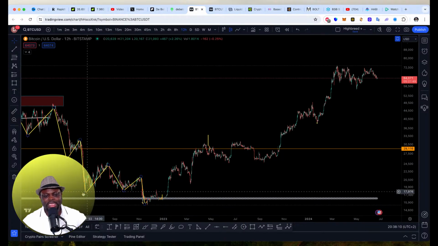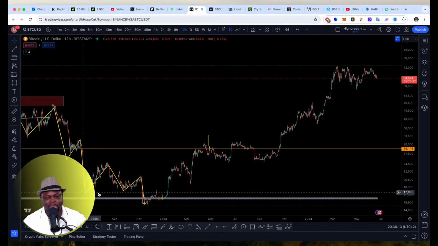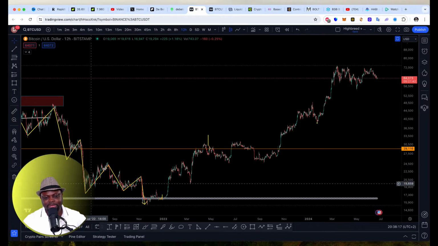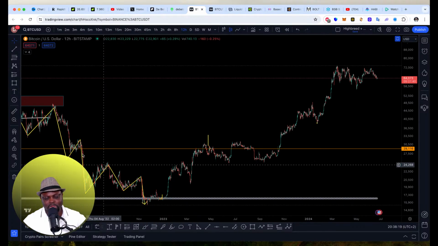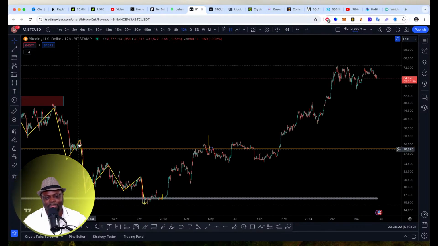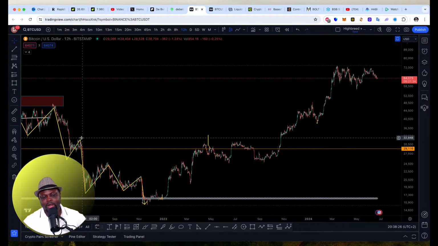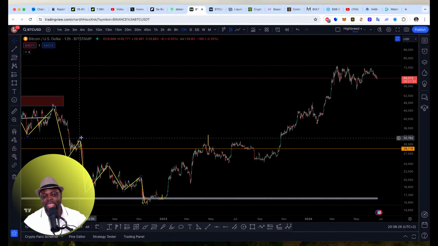So price switched trend. What happened? Price broke the previous low, the previous highs. You see, when price was going down, when it formed a high, it wasn't able to break the previous high, right?